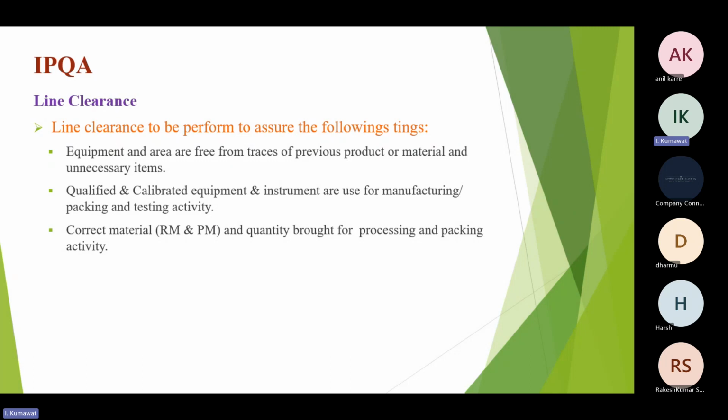So it is the responsibility of the IPQA to perform the line clearance, and they have to check or find out the issues during the line clearance, and based on the satisfactory compliance of that particular line clearance, they have to proceed with the batches for further activities.